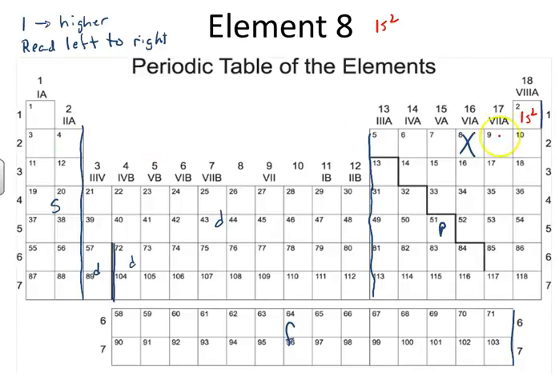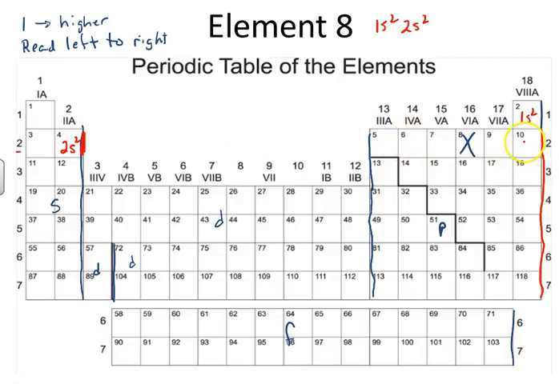I'm at the end of this period, so I go to the next period, period number 2, and I go to the next boundary line here, which is energy level 2, s2. And I move myself across to the right until I hit another boundary line, which is actually here. I didn't put that one in. This boundary line is the end of the P block. So I go all the way over.